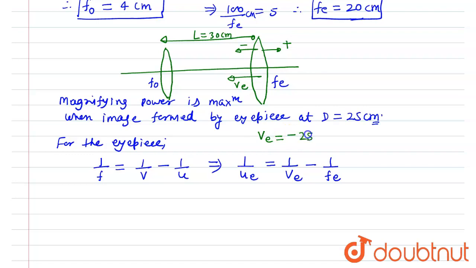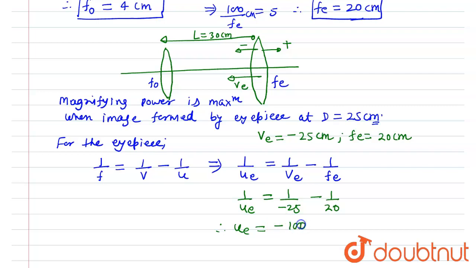So Ve equals minus 25 centimeter and Fe equals 20 centimeter. So 1 upon Ue equals 1 upon minus 25 minus 1 upon 20. So from here Ue equals minus 100 upon 9 centimeter, that means minus 11.11 centimeter.